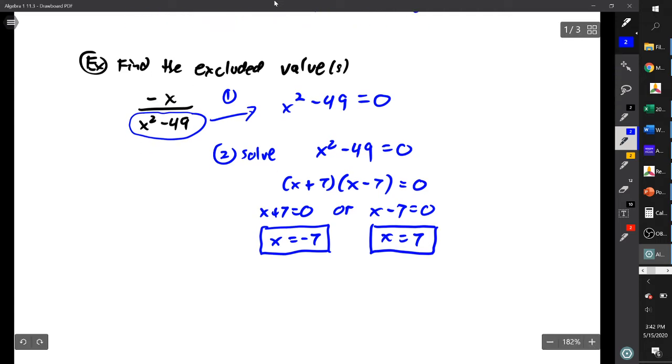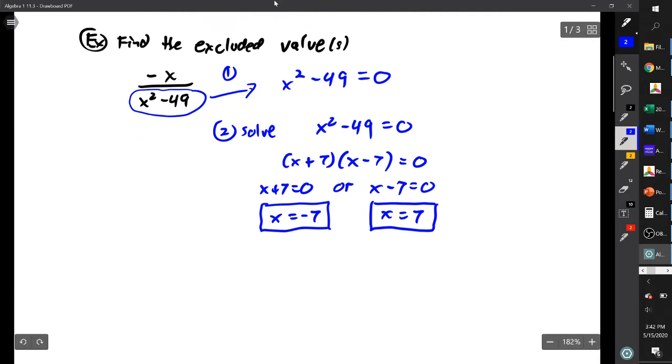All right, let's do one more. One that does not involve the difference of squares. Here we have 12. Let's use an n, because it doesn't always have to be x. 12n over n squared minus 3n minus 10.